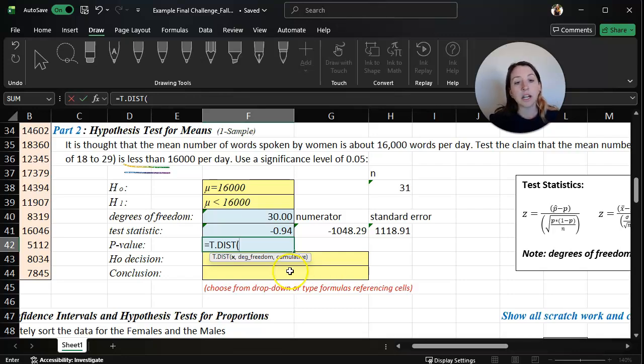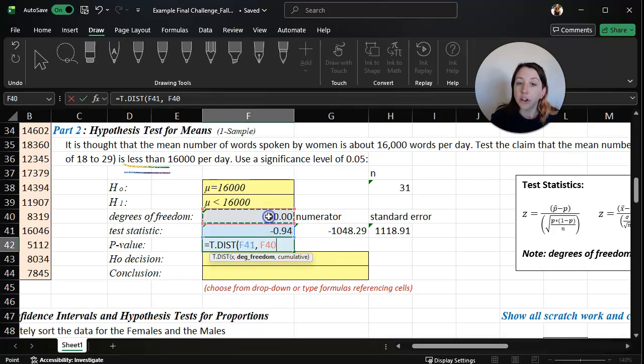The t.dist function finds the area to the left of a value. Remember, this has to take exact values, so you cannot type negative 0.94. You absolutely have to click on this cell because the test statistic is not exactly negative 0.94. This is a rounded value. Or I should say the cell makes it appear to be rounded, but when you click, it grabs the entire number.